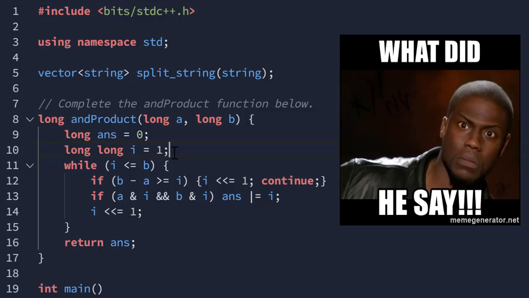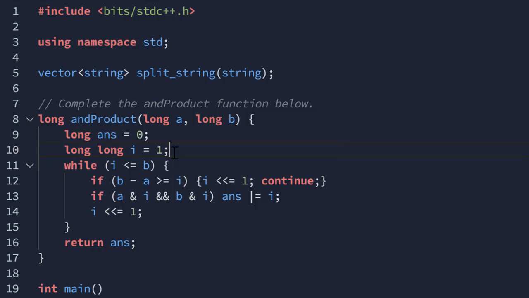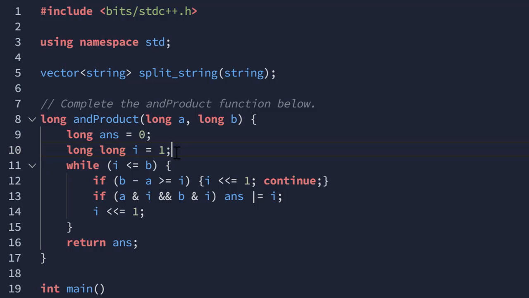First we have to notice two interesting properties about the AND product. The first one is that if you have at least one zero, it doesn't matter the number of ones you have, you are gonna have that bit set to 0 in your final answer.